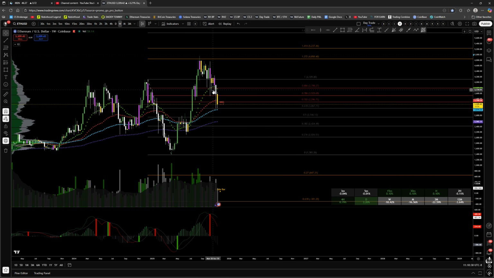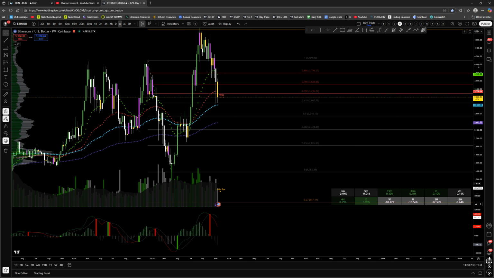We have lost the 20-week moving average, just like Bitcoin, and we are currently below the 50-week. So for Ethereum, if we can get a close today to end this weekly candle above like 3,300 bucks, that would be constructive. But again, we are rejecting the 0.618, just like on Bitcoin.